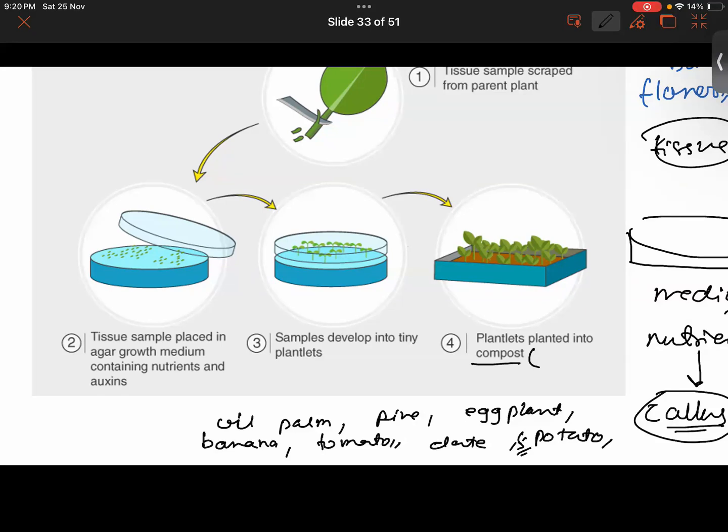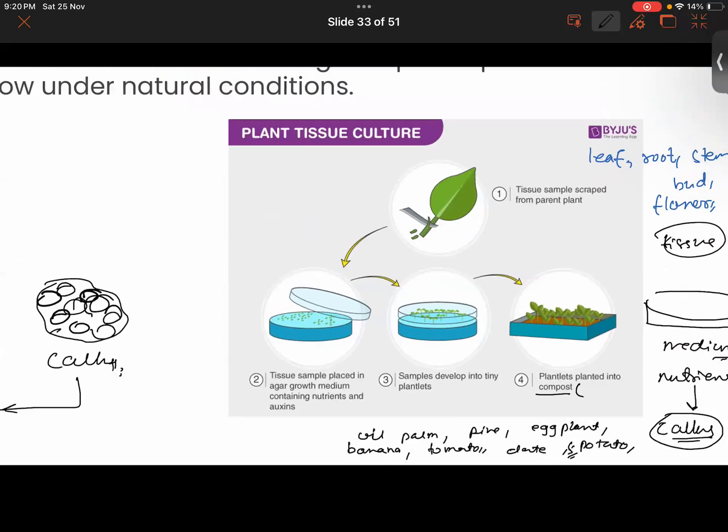For these you get to see that tissue culture is done.